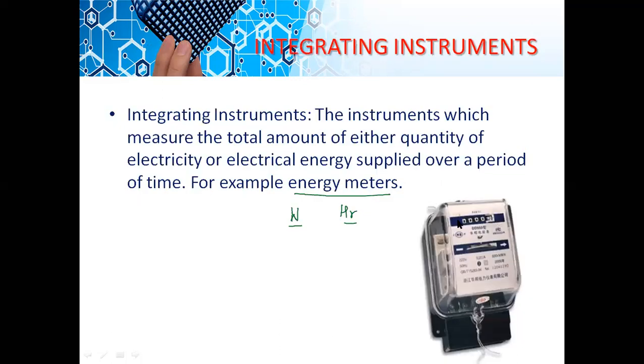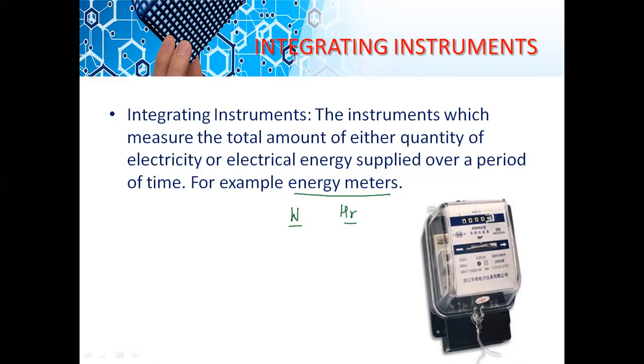Energy meter. This is the disc. You see this kind of energy meters in old established houses, not in new constructed houses. Nowadays, we are not having analog energy meters. We are all having digital energy meters.